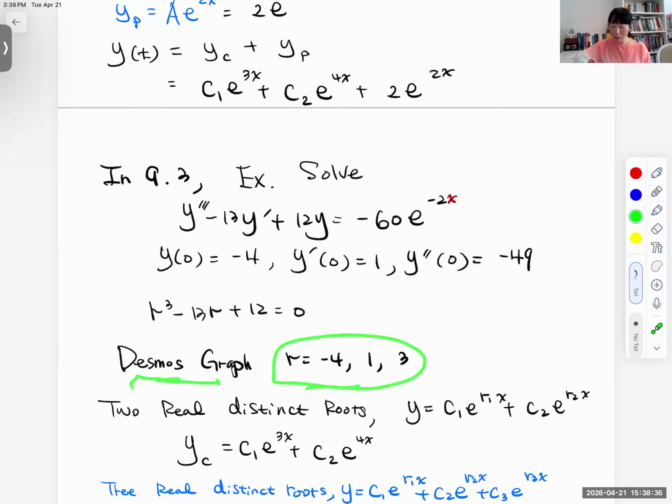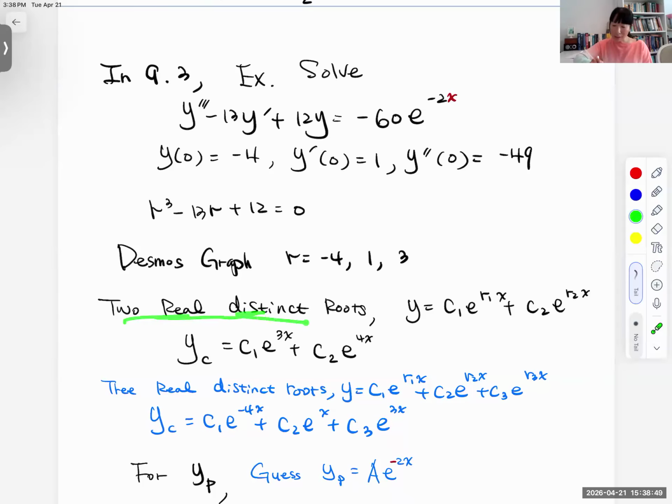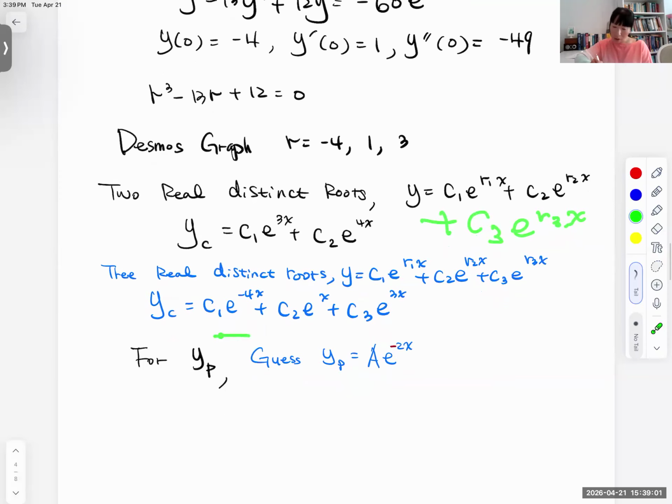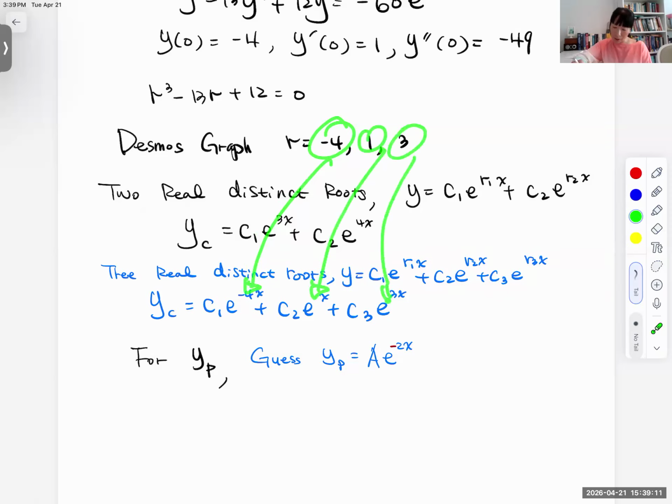So there are three real number solutions: negative 4, positive 1, and positive 3. Two real distinct roots we can rewrite, but we have a third, so we can just write c3 e to the r sub 3 x. Then we have the roots negative 4, positive 1, and positive 3 there, right?